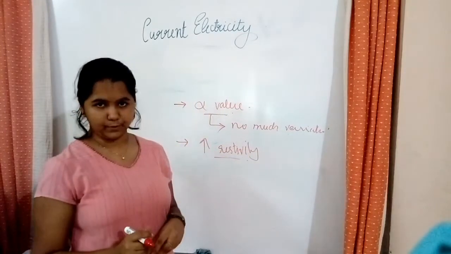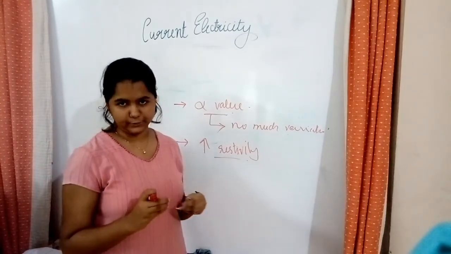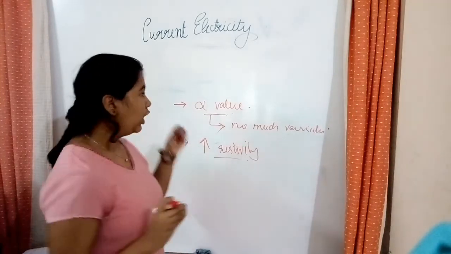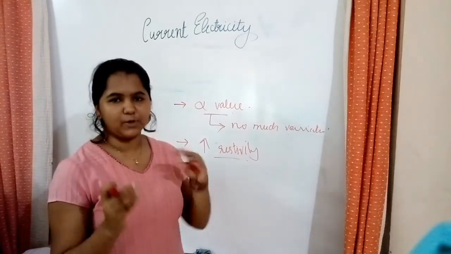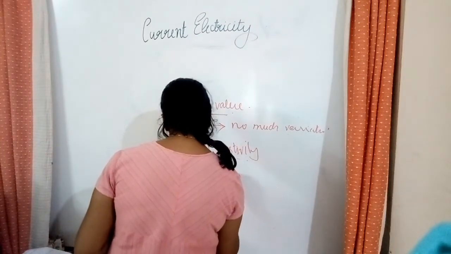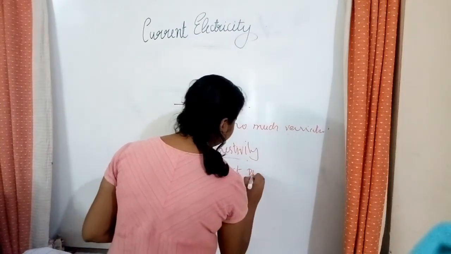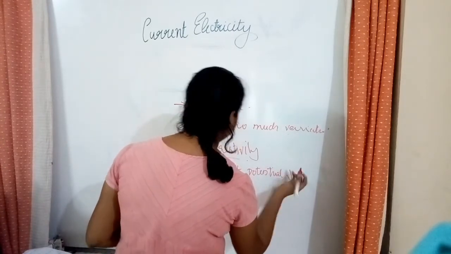Okay, that is our second point. They have high resistivity. And then there is something known as contact potential. The contact potential of these semiconductors with copper is very small, or negligible.